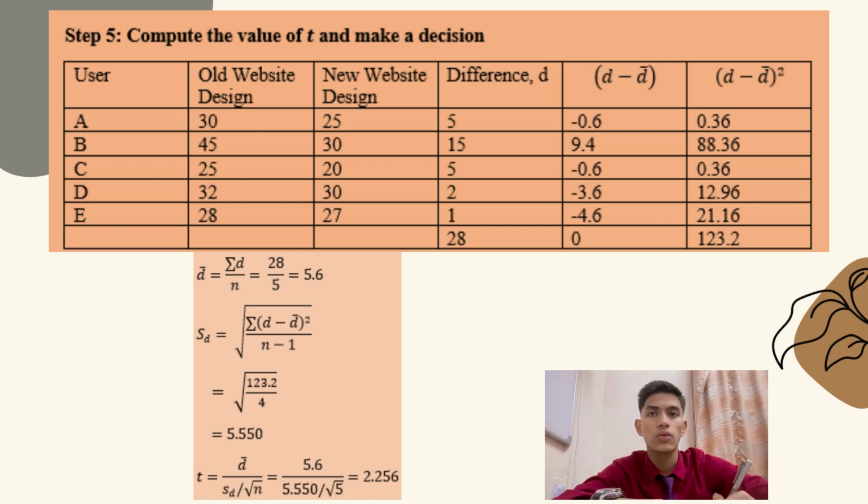The answer that we get is 5.550. The way of finding t is d bar divided by standard deviation divided by square root of total number, and the final answer that we get is 2.256.